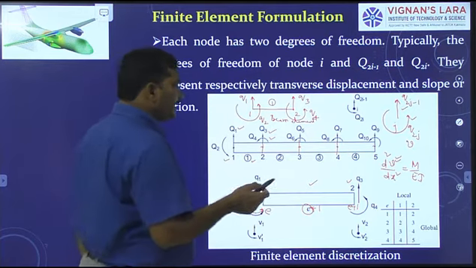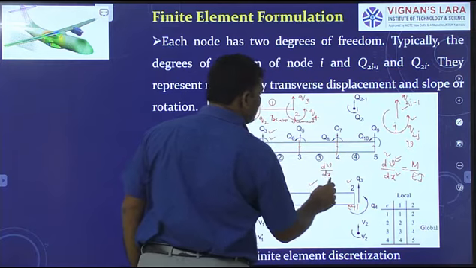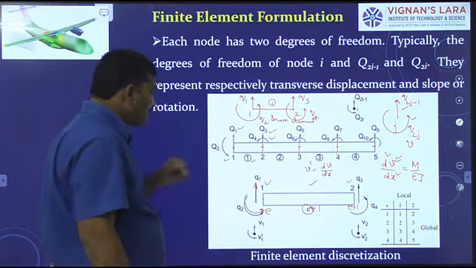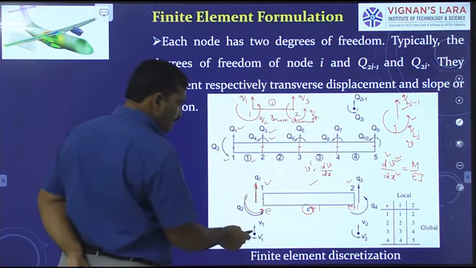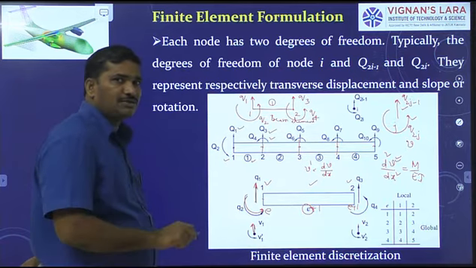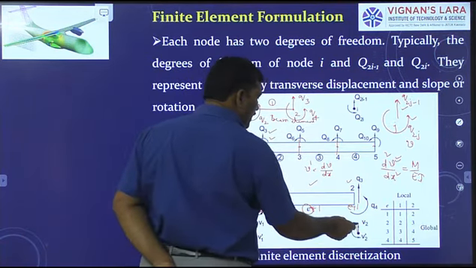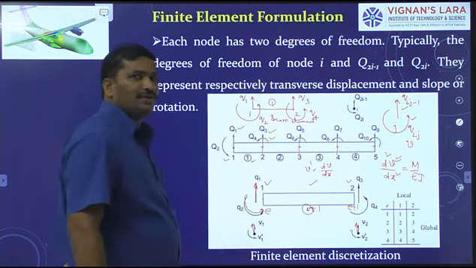I say dV by dx equals V dash. Hence, at each node you can also represent like this. At the first node, I represent the beam deflection by V1 and the slope by V1 dash. This convention also we can use. And at the second node, the beam deflection is denoted by V2 and the slope by V2 dash.